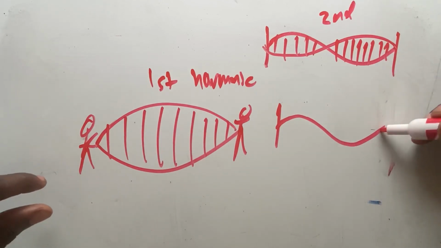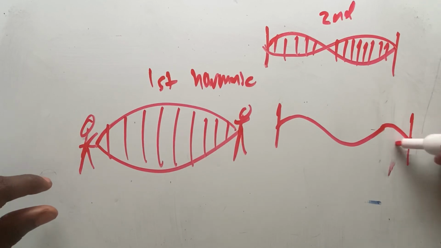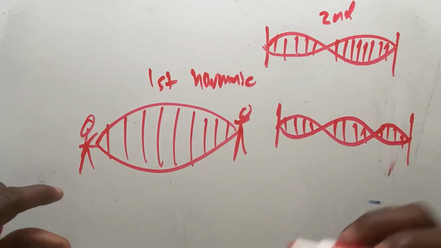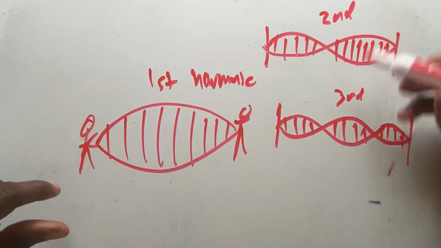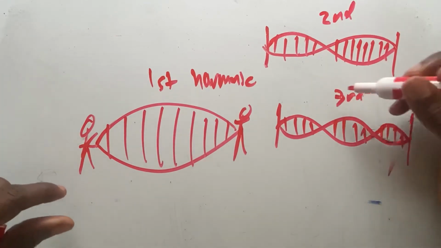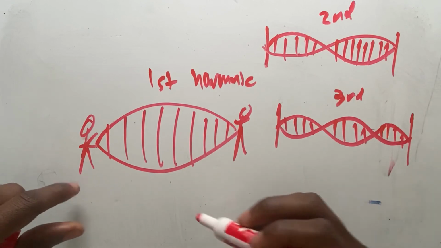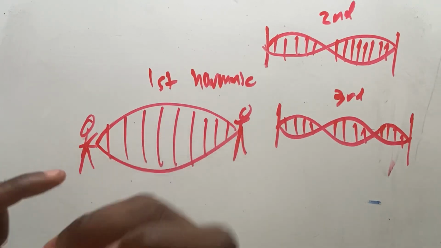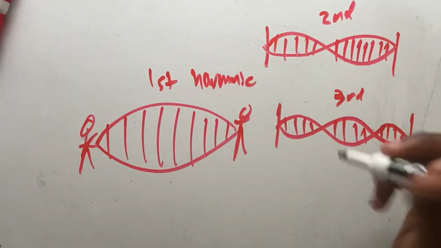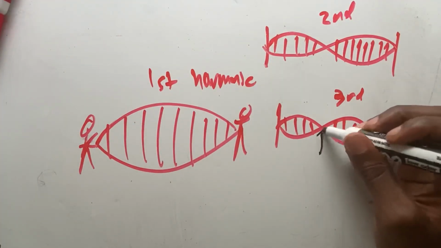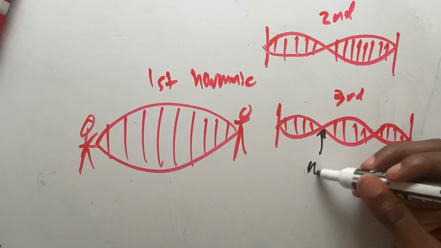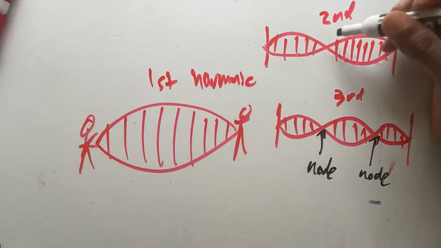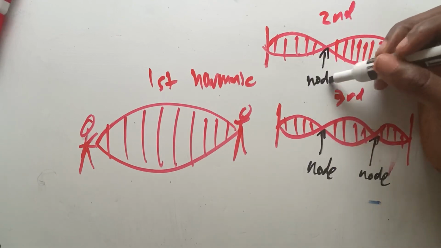Third harmonic, and so on and so on. You basically keep on making these. And these two outside points are called nodes. Basically we call each point where they overlap a node. So that's a node, that's a node, this is a node.